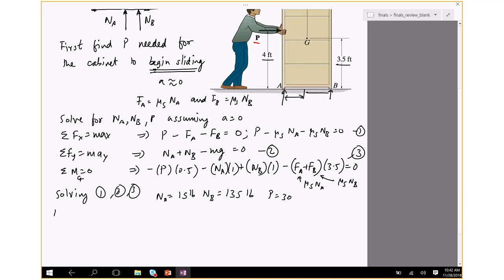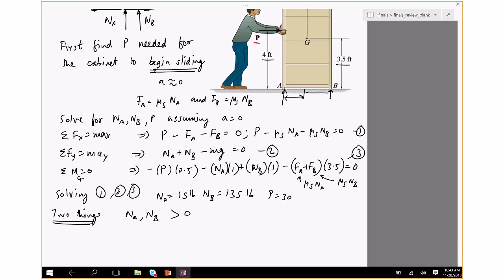So we can note two things here. NA and NB are both greater than 0. The forces are positive.